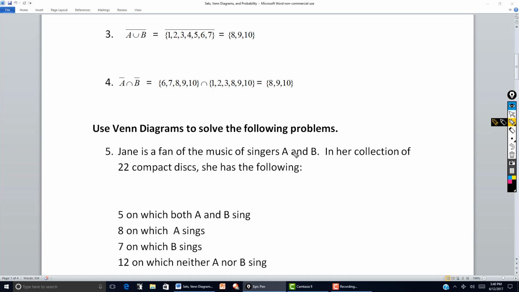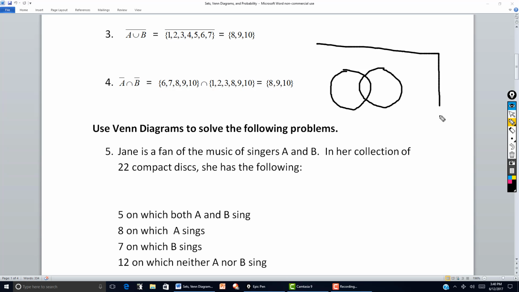So we have two singers. We draw two circles representing the singers. This would be a universal set, and you can label this any way you want. This will be singer A, this will be singer B. Then, given the information, you have to fill in the regions.